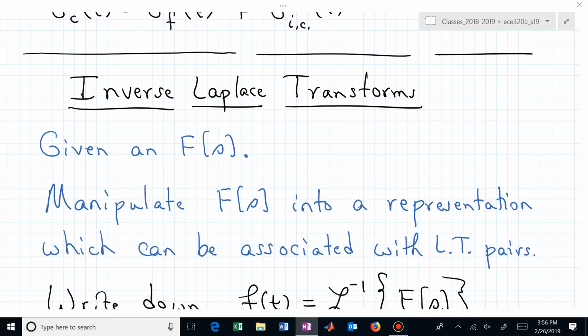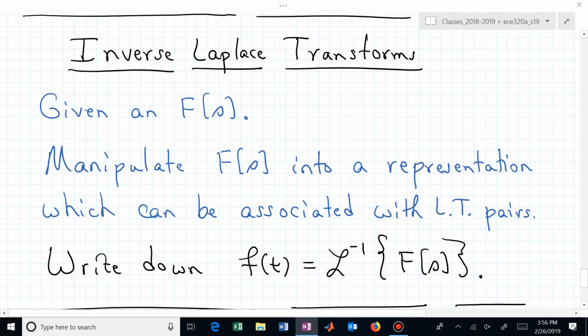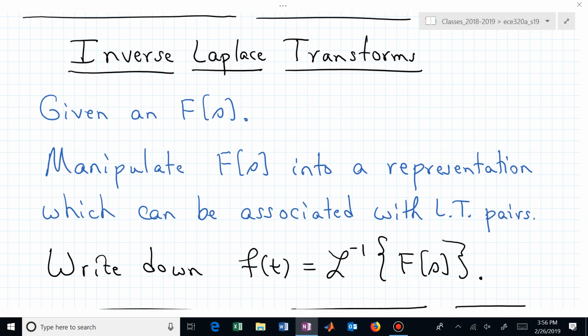Generically, if we're given a capital F of s, before in that example we were given a capital V sub C of s, some expression, we now want to take that back into the time domain. We want to do that by manipulating capital F of s into terms that look like terms in the frequency domain column in our table.